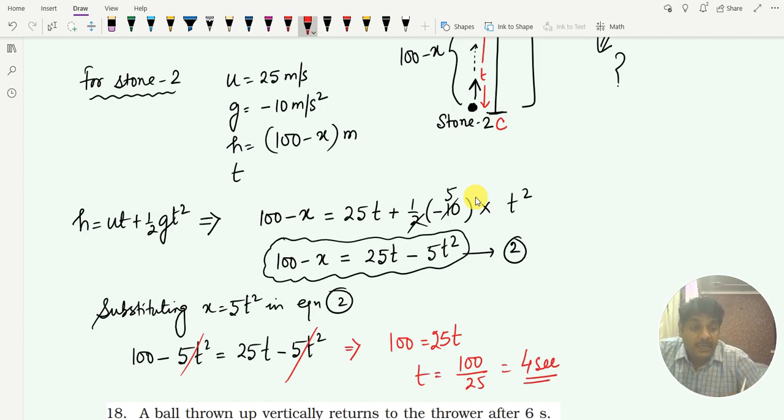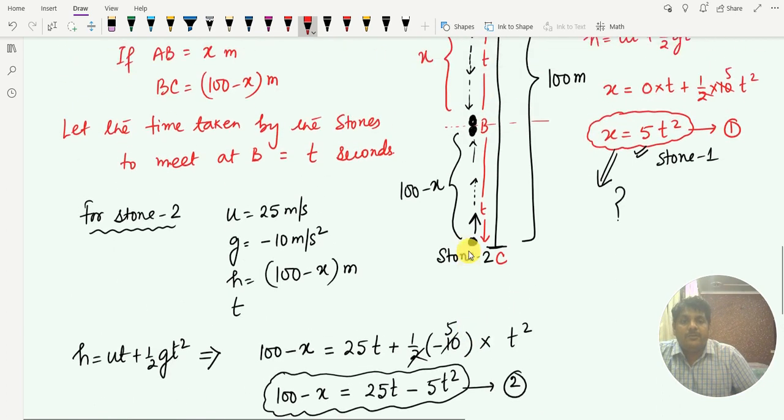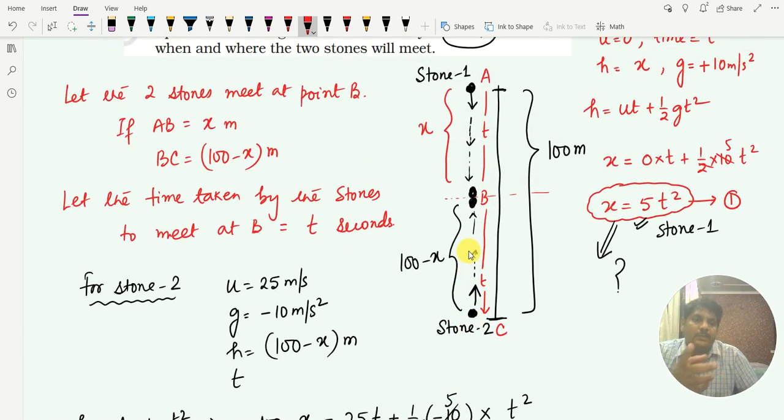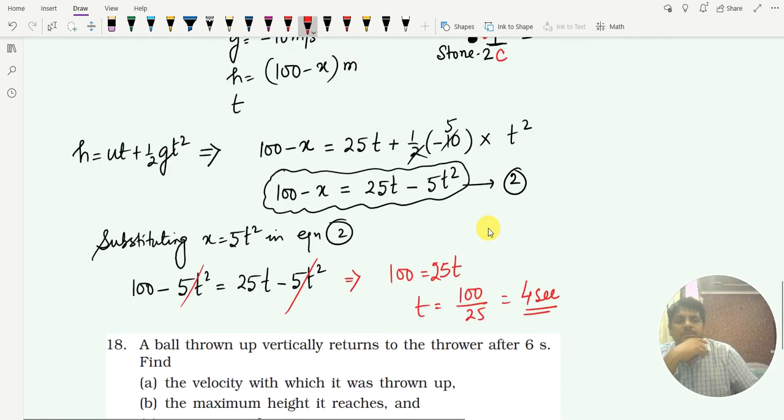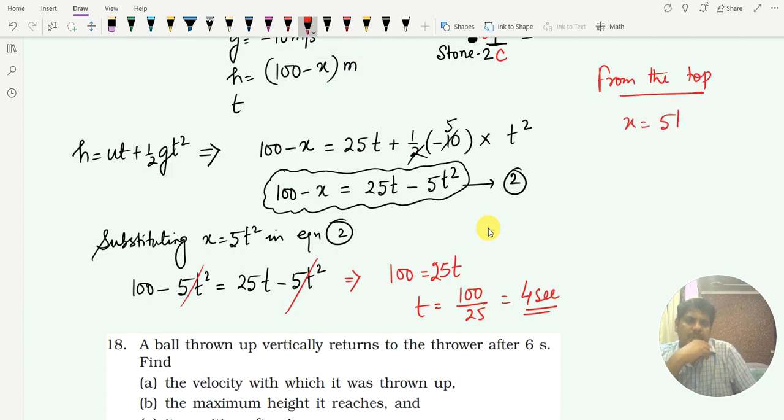Now at what height are they meeting? So if you want to find out height from the top कितना हो रहा है? x is equal to 5t square है. So from the top, if you put the values, x is equal to 5t square. Time is 4 seconds, so it is 5 into 4 square. So 16 into 5.